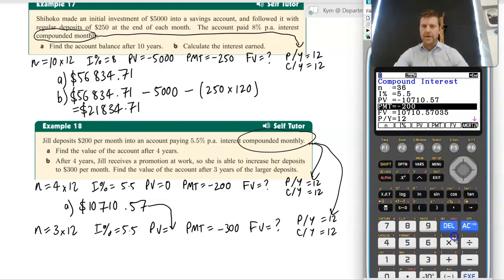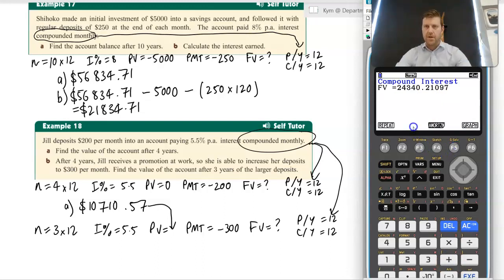The payment has increased from 200 to 300, and we're then asking it to determine the future value for us. So I can set that as 0 or just press F5 here, and it'll tell me the new future value after those 3 years is going to be $24,340.21.